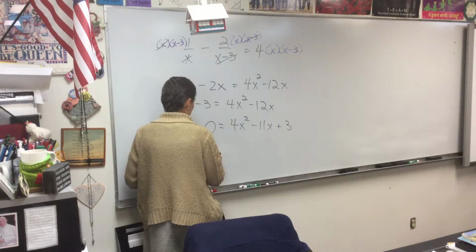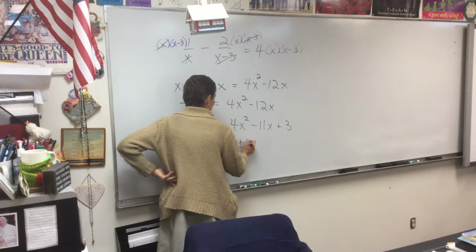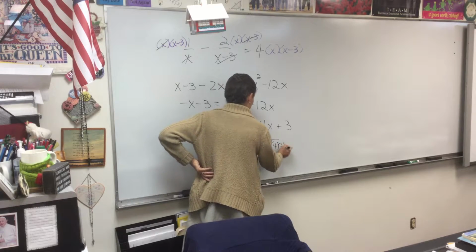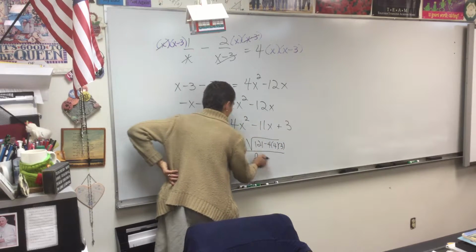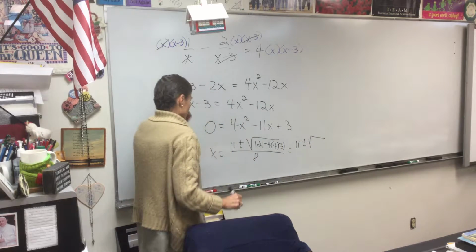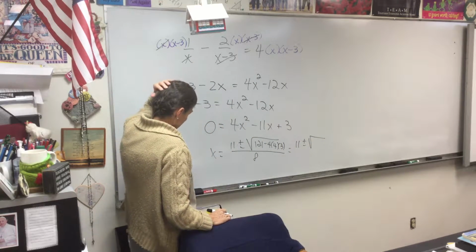So here we go. x equals negative b plus or minus the square root of b squared, 121, minus 4 times a times c, all over 2a. Now, what do we got under there?